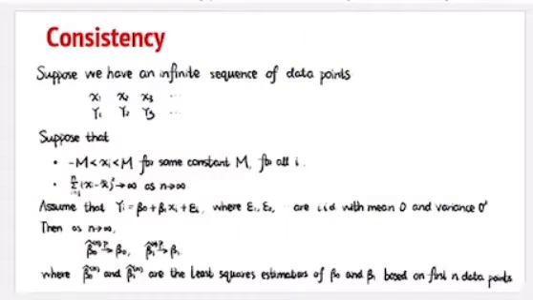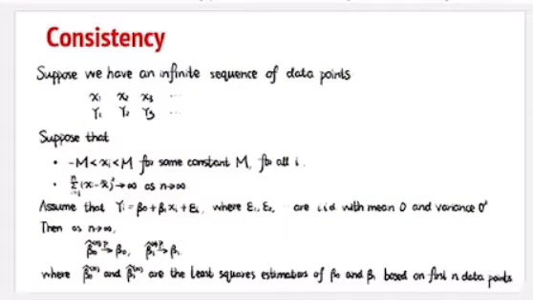Now, this is consistency. Of course, you remember the other time when we were working with estimators, I told you an estimator is said to be consistent if we are able to find the limit of the variance as n tends to infinity, and the variance converges to zero, if we're referring to an unbiased estimator.